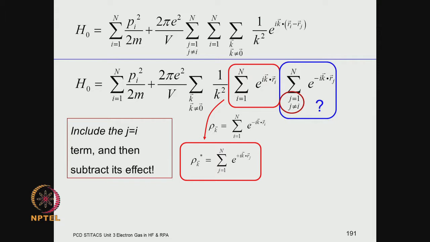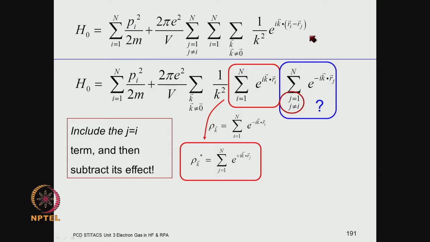And what is it that we will have to subtract? We already know that when you add it, you will get the Fourier component of the charge density. What will you have to subtract? You will have to subtract whatever you have added, and what you have added is by putting j equal to i.